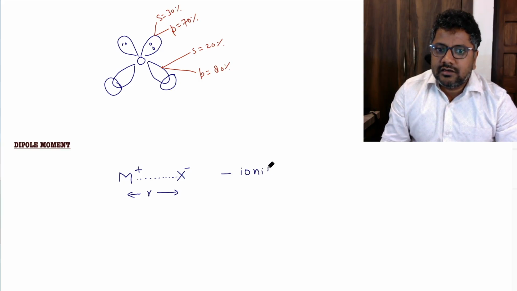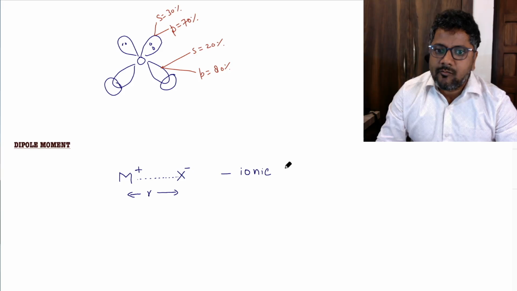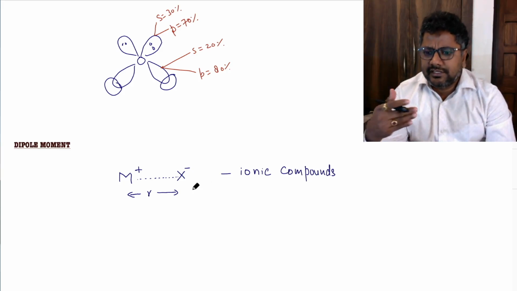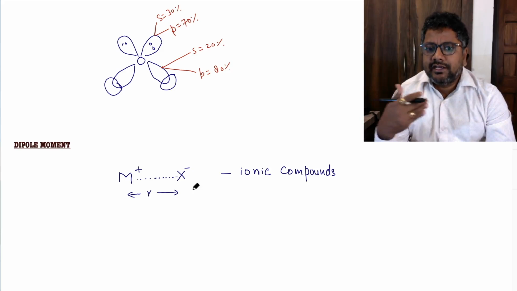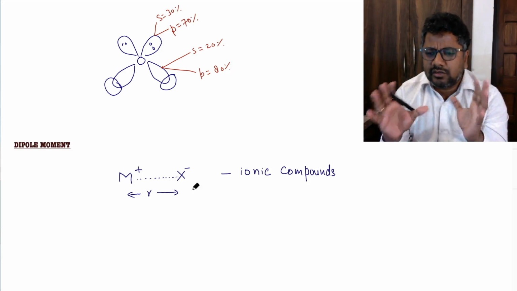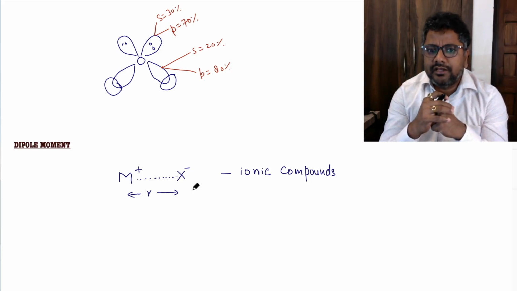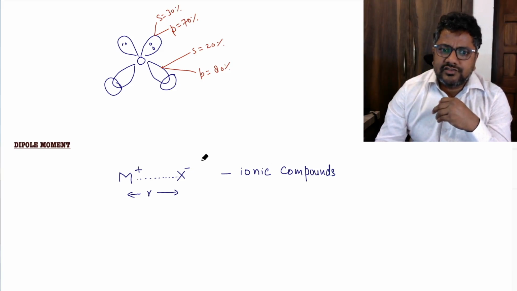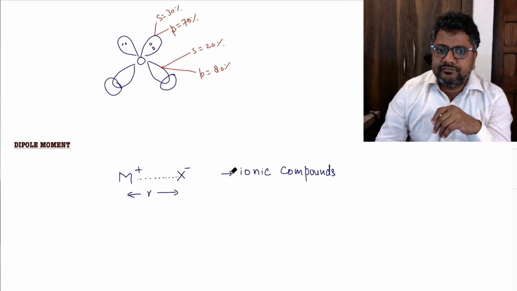Ionic compounds have variable ionic character. Some ionic character is there, some covalent character is there. But overall, since ions are involved here, we can say this is an ionic compound, and electrostatic attraction is there in this ionic type of system.